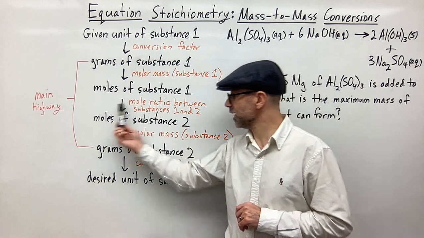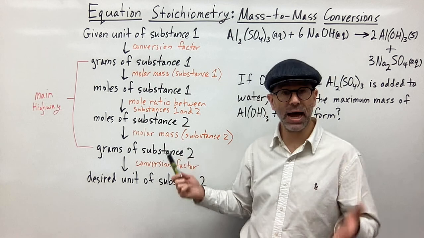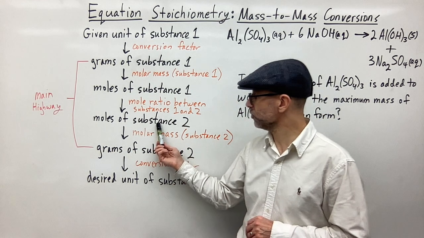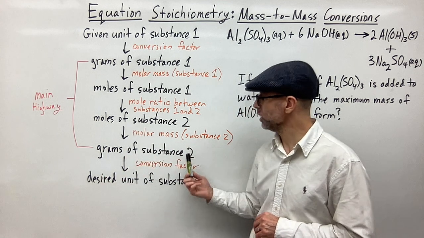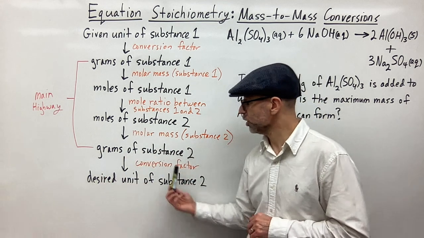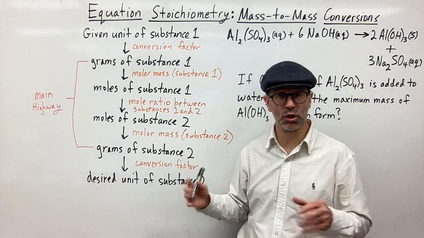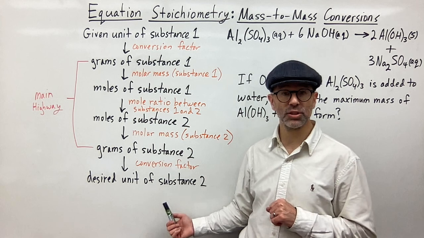And then once you're here, you're converting to whatever unit that you need. If you need a mass unit again, then you're going to have to convert the moles of substance 2 back to grams using the molar mass of substance 2. And then from there, you're going to use whatever conversion factor or conversion factors, plural, to get to the desired unit that you want of substance 2.